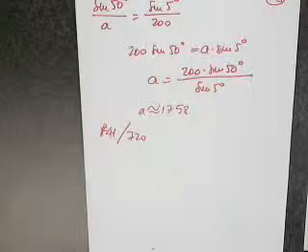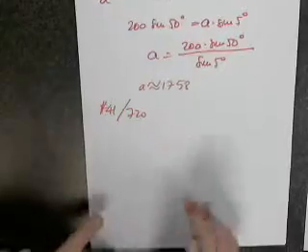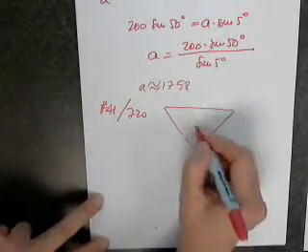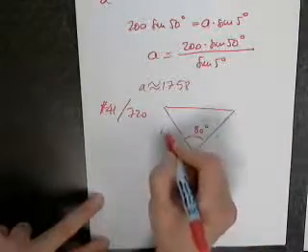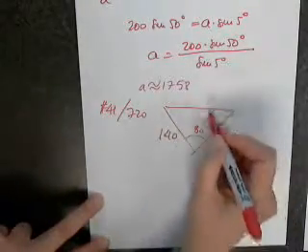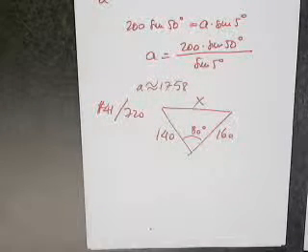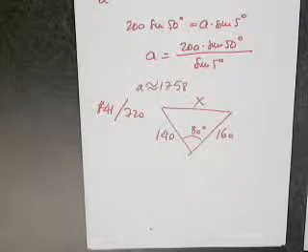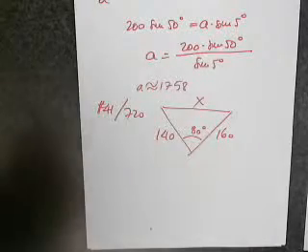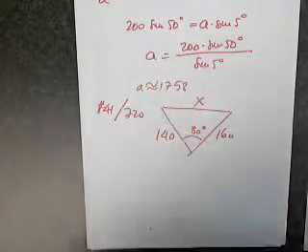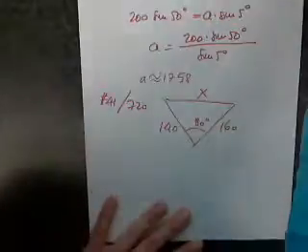Find the distance across the lake from A to C to the nearest yard using the measurements shown in the figure. I think we did not do this one. So here's 80 degrees, 140, 160, we're asked to determine x. Okay, any suggestions?